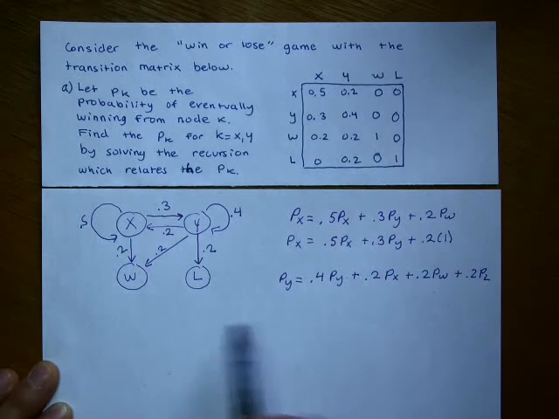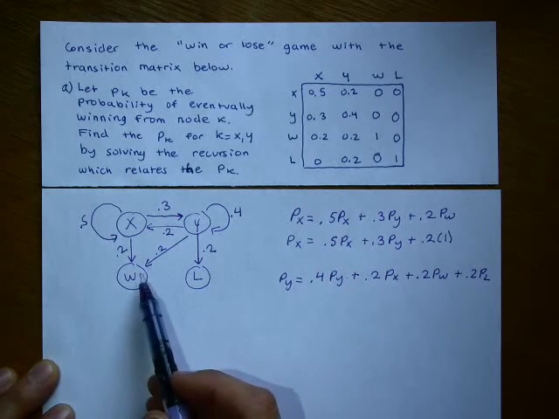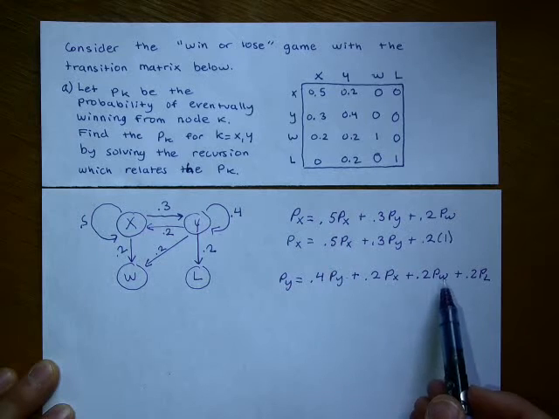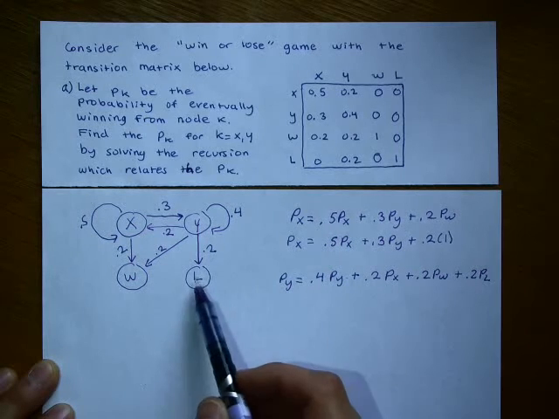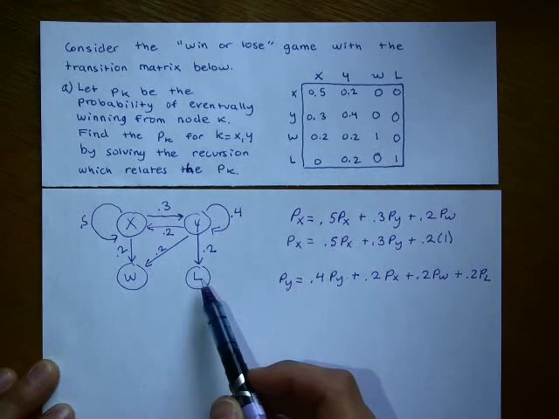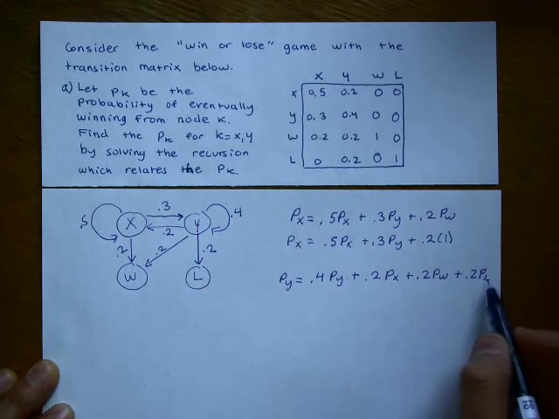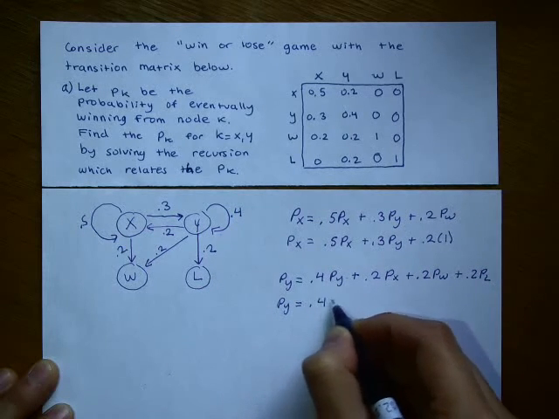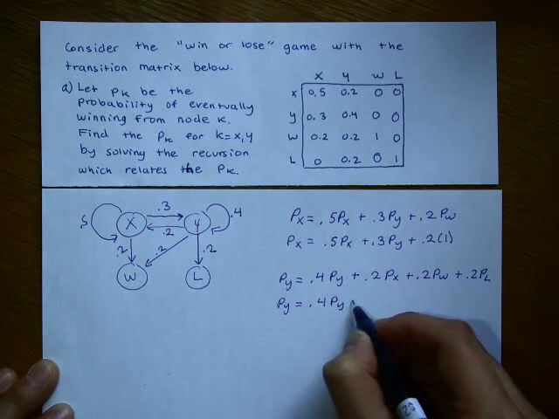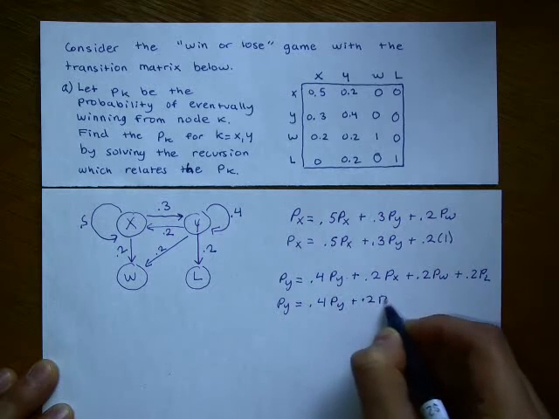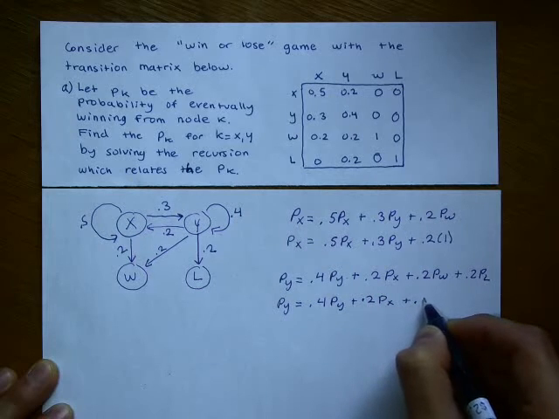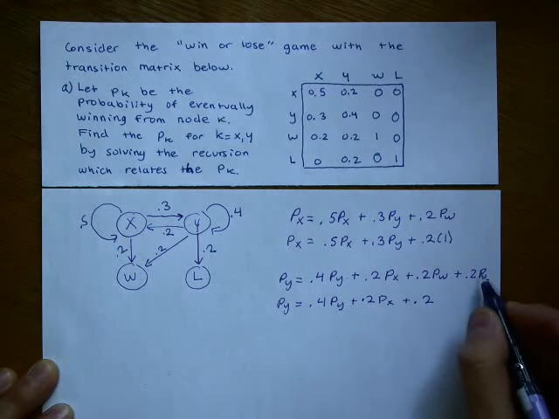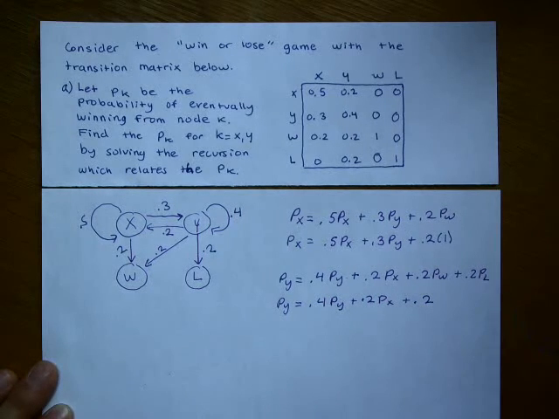Now, as I said earlier, if you're on W, you're 100% sure to win, so we can replace PW with 1. And if you're on L, there's a 0 chance that you're going to win from L, so we can replace PL with 0. So this equation becomes this. And that just ends up being 0 because we replace PL with 0.